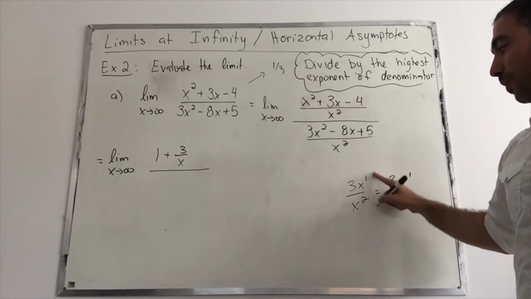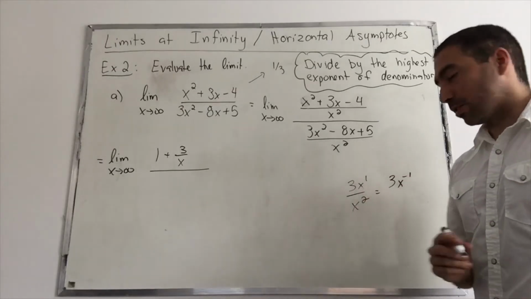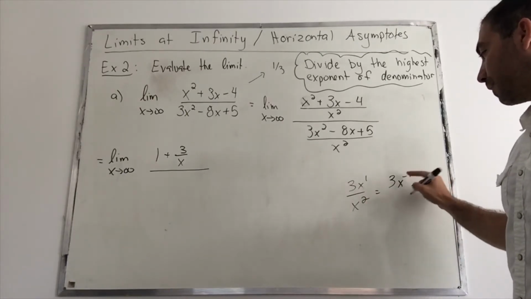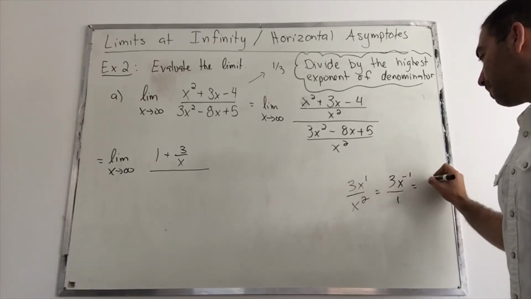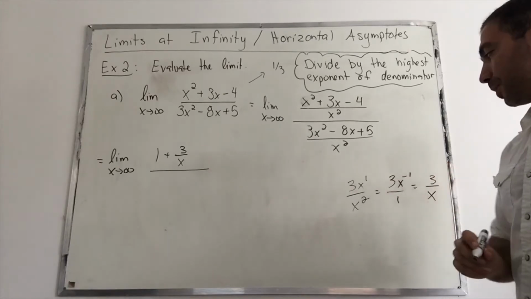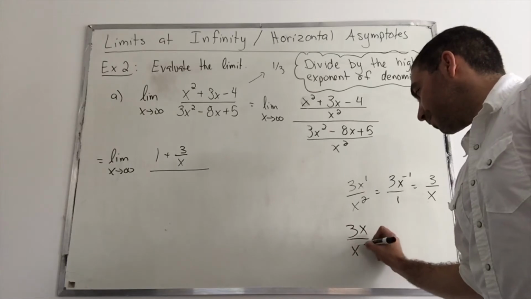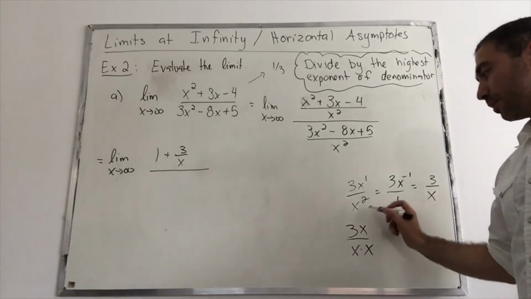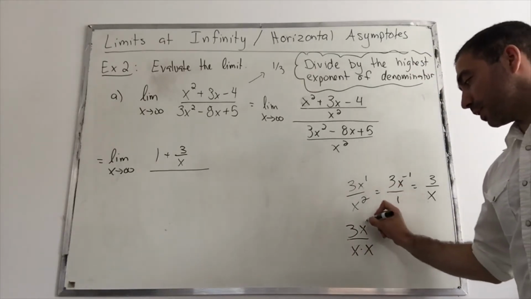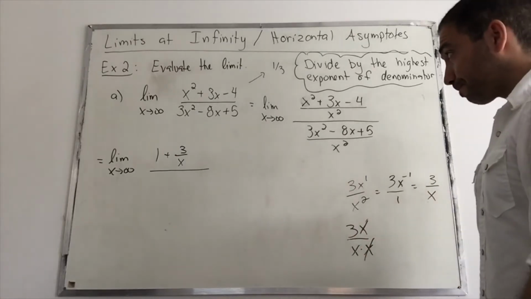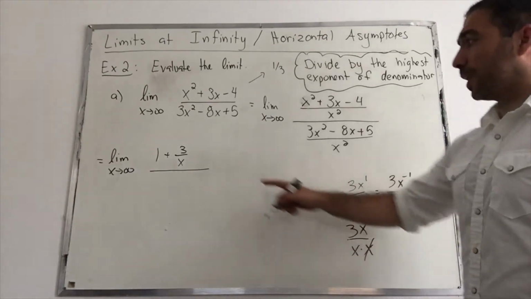You're subtracting the exponents because you're dividing the same base, laws of exponents. So 1 minus 2 is negative 1. And then you drop negative exponents back down. So 3 over x. Or in a sense, you could think of it as 3x over x squared. And x squared is x times x, right? And one of the x's cancel. So you're left with 3 over x. Both ways are fine. Okay, so that's how we get 3 over x.